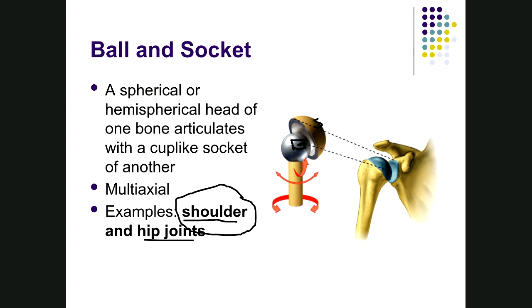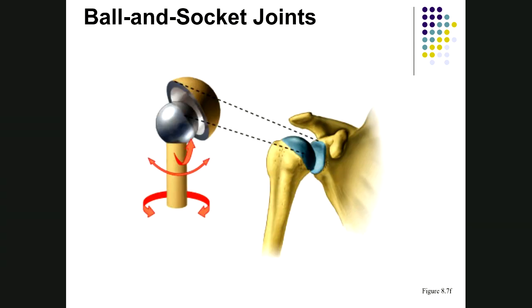It can spin, it can lift, it can go down, it can fold forward. It can move in lots and lots of directions. And so it's a multi-axial joint. A ball and a socket. And again, multi-axial.